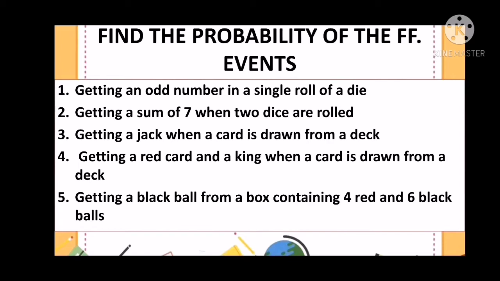Number 2, getting a sum of 7 when 2 dice are rolled. Number 3, getting a jack when a card is drawn from a deck. Number 4, getting a red card and a king when a card is drawn from a deck. Lastly, getting a black ball from a box containing 4 red and 6 black balls.